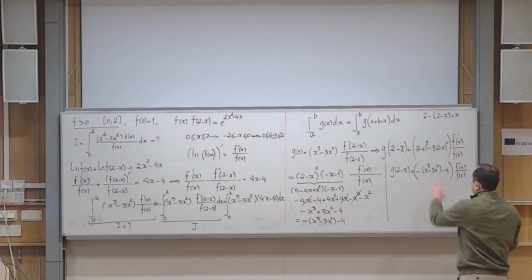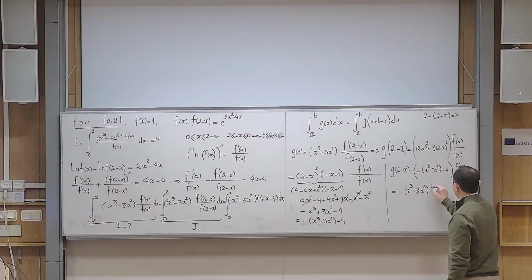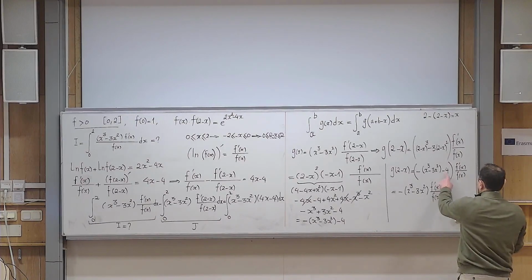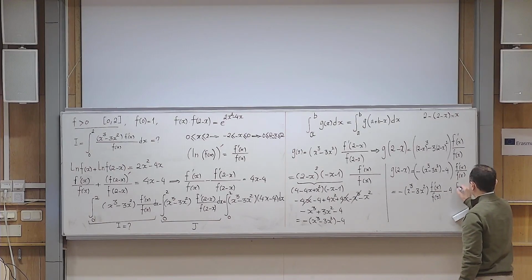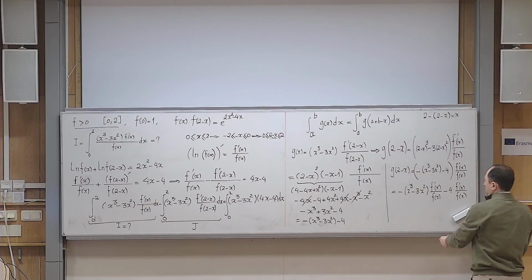And if you don't mind, let me open it. So this becomes minus x to the power of 3 minus 3x squared times f prime of x over f of x, minus 4 times that. Okay, so this is g of 2 minus x.